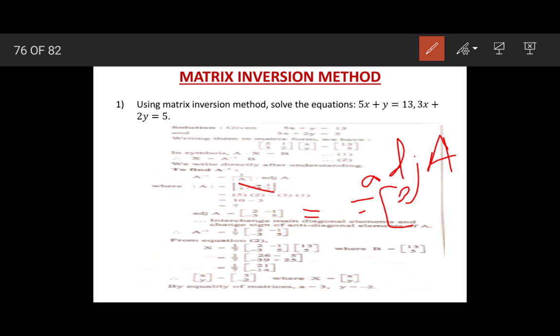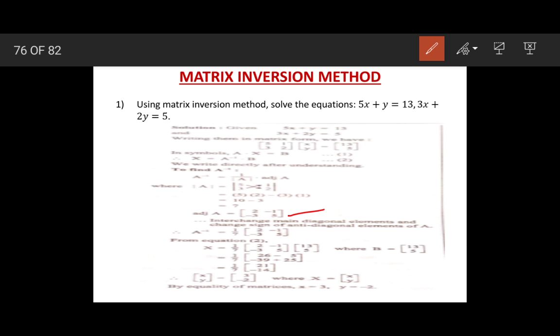So 2 here and 5 here, right? And then for b and c, we take the opposite sign. Here b is 1, so it will be -1. Here c is 3, so it will be -3. Right? So find the adjoint of matrix A.